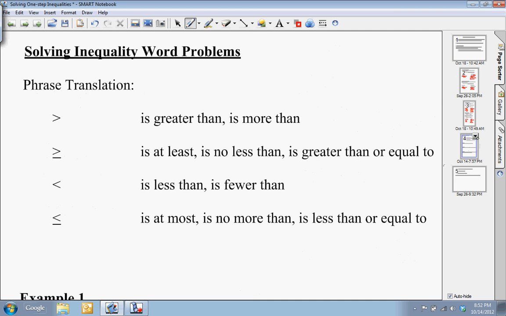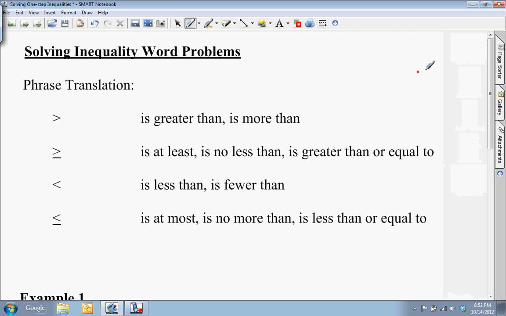We also have to deal with word problems, and sometimes in our English language we don't use the exact phrases that we're normally used to. We know that this sign is greater than or is more than, and again we've emphasized the importance of that word is. We also know that this sign means is greater than or equal to.